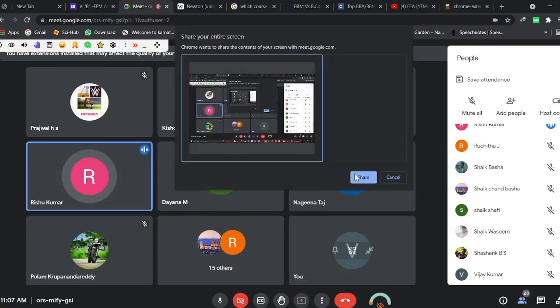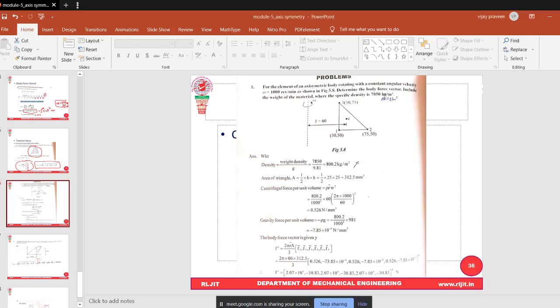Now we have to do Fr1, Fz1. Not multiplied, that is a comma.